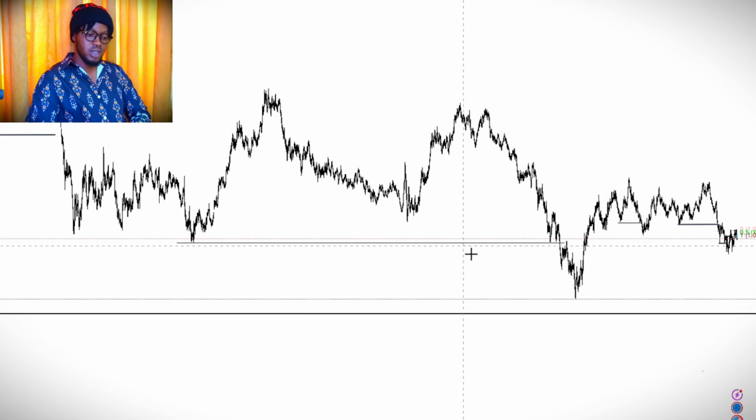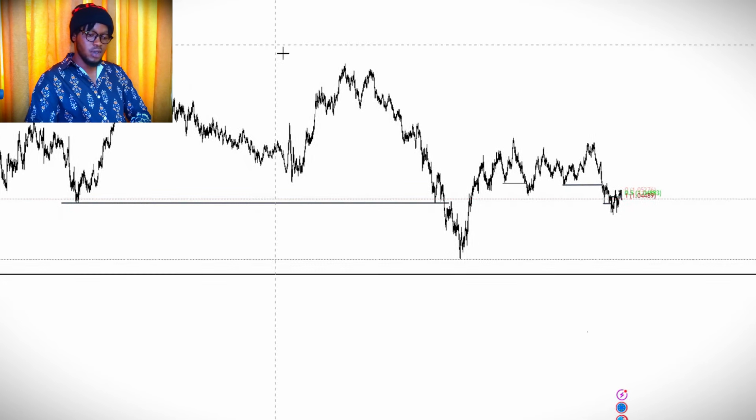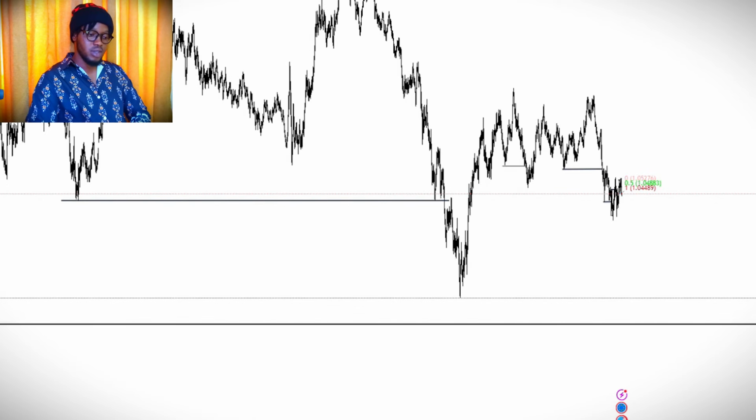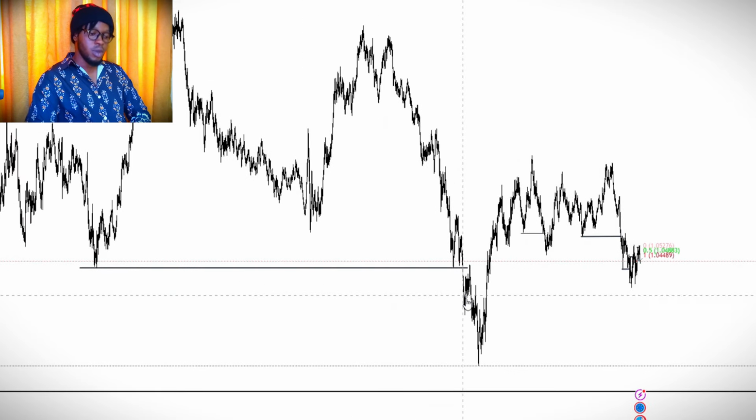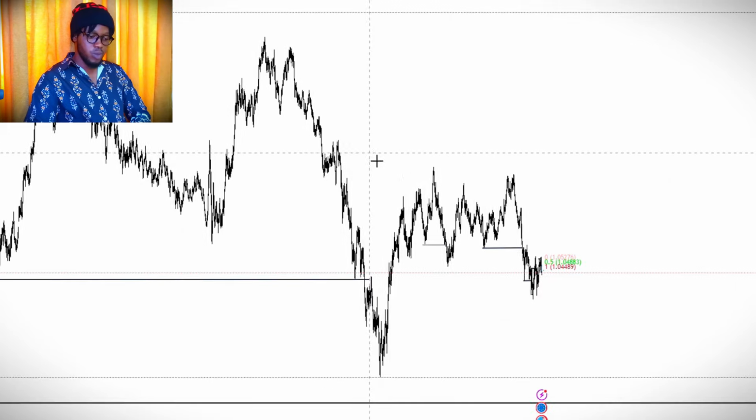Let me make it a little bit bigger so you can see this clearly. Another break of structure to the downside right here. I don't know if you can see this clearly, or should I zoom in? Yeah, another break of structure to the downside. Now price pulled back.